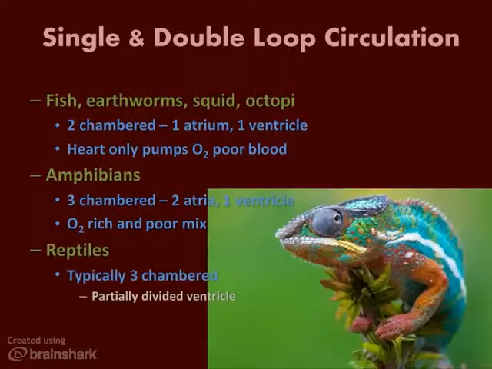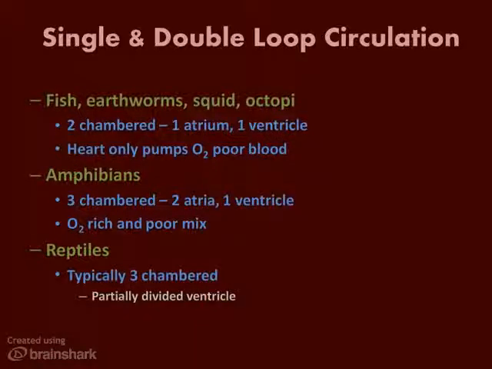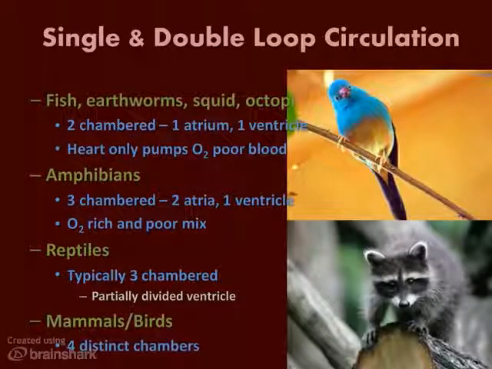Reptiles, like this chameleon, also have a three-chambered heart like amphibians, but the ventricle is partially divided. Reptiles include turtles, tortoises, snakes, lizards, alligators, and more. And so, while they still get a mix of oxygenated and unoxygenated blood, it's a little bit better than it is for amphibians. And lastly, we have mammals and birds, mammalian and avian species.